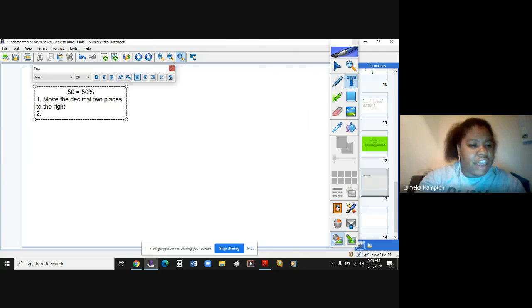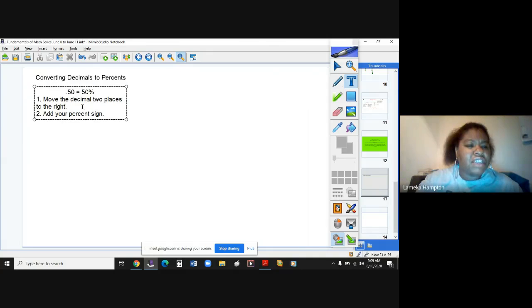Then you're going to add your percent sign. That's it. Okay. Real simple, real easy. This is just simply moving decimals either to the right or to the left. But if you are converting a decimal to a percent, these are the rules that you will follow.